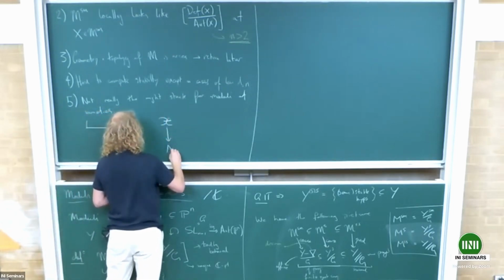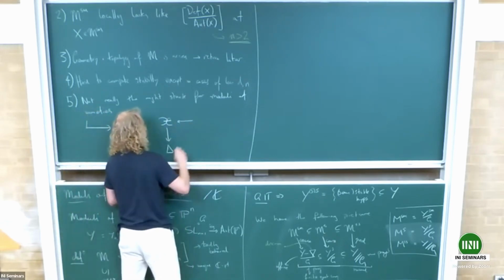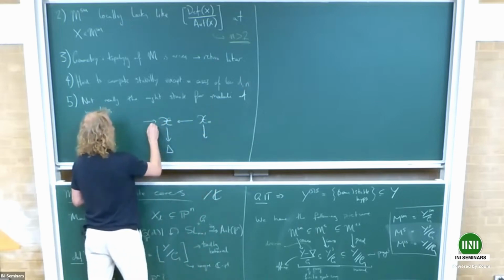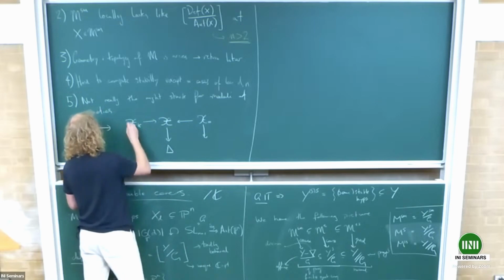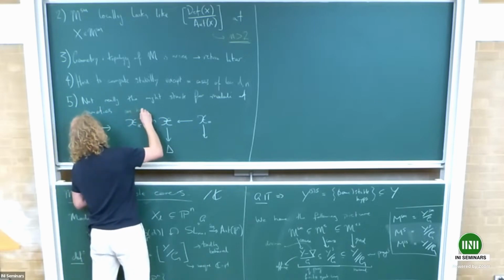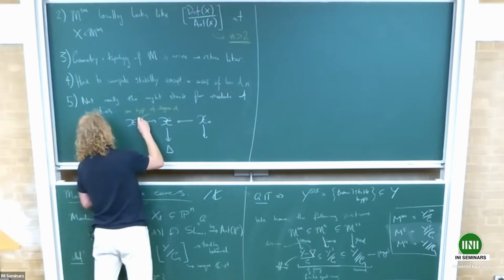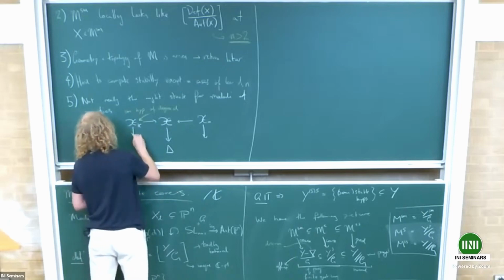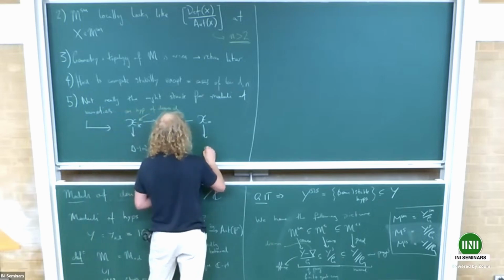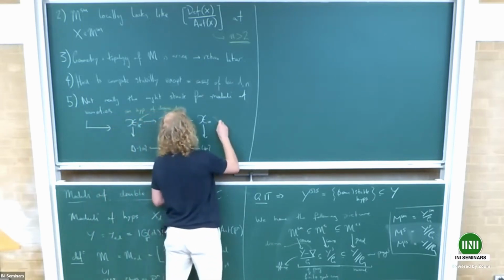What I mean by this is that I can take a family over some DVR, where the special fiber, well, let me do it the other way around. The general fiber is a smooth hypersurface of degree D. And over the special fiber, this is a smooth non-hypersurface.